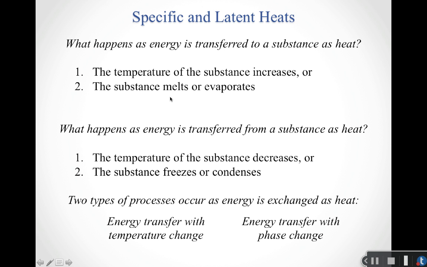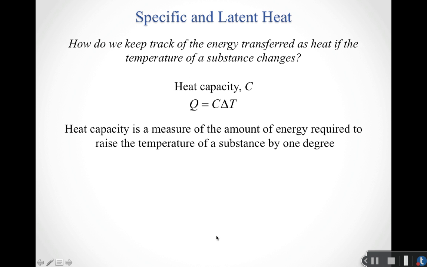So if you have something like ice and you get it to the right temperature, and the right temperature just means the melting point, as you continue to add energy, it's not going to change temperature, it's going to change phase, so that ice will begin to melt into water. So these are the two processes that we're going to deal with.